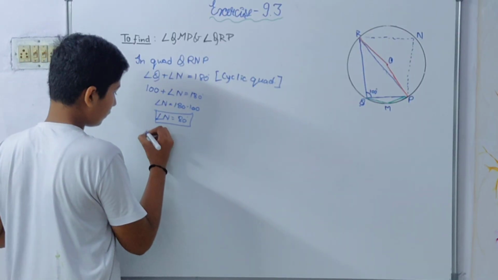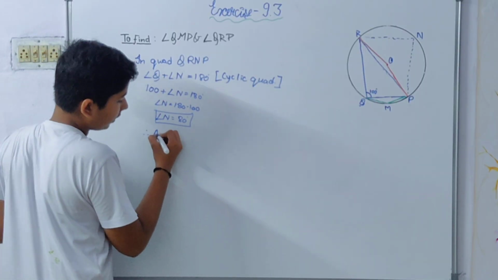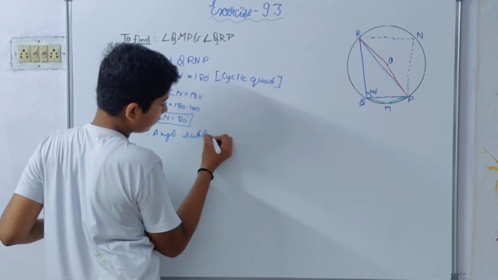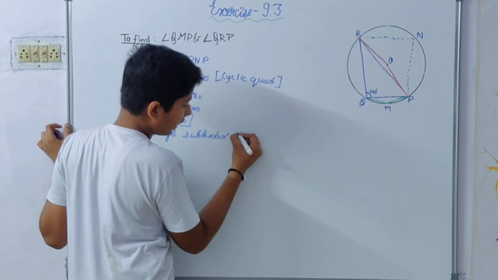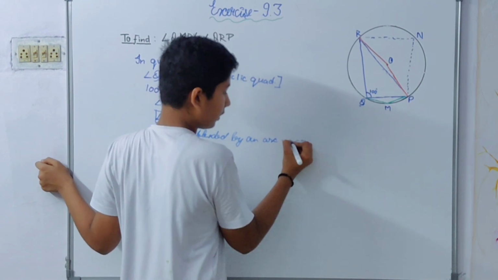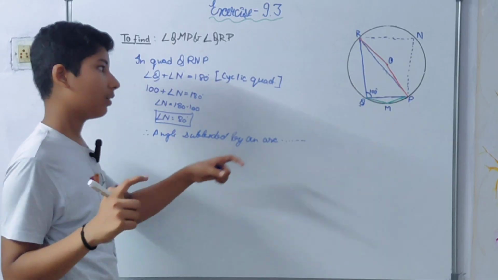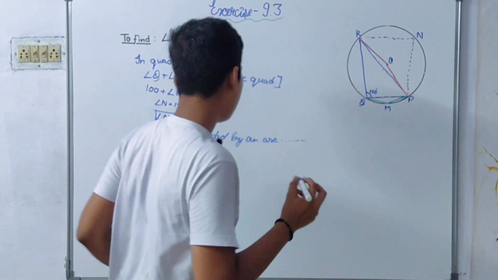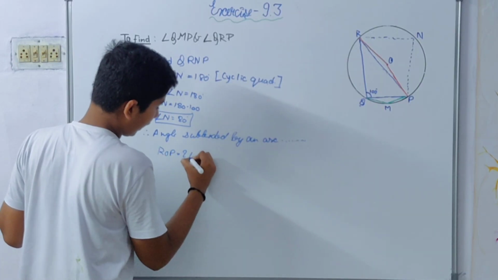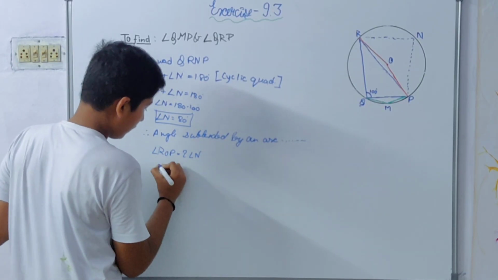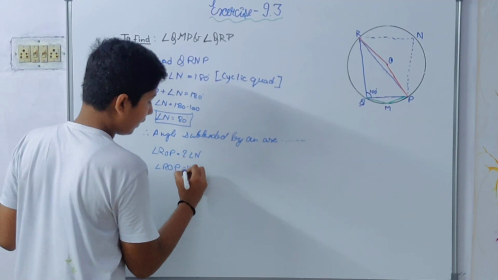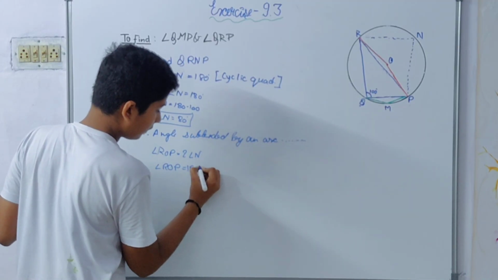So, since angle subtended by an arc dot dot dot, this will be angle ROP equal to 2 angle N. Angle ROP equal to 160 degree.